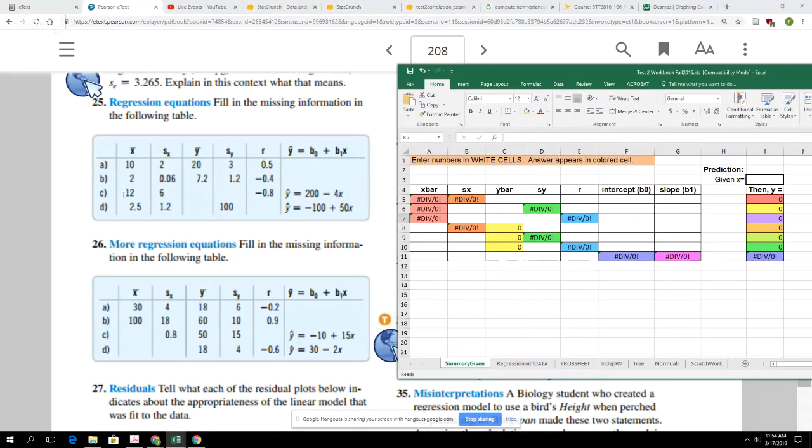So that's A and B. Let's look at C. For C, we're missing the Y mean. And remember, guys, only enter numbers in white cells. So we have to find the version of this that is missing Y mean and SY only.